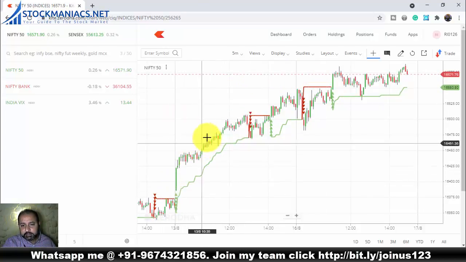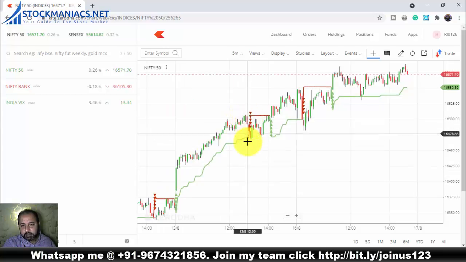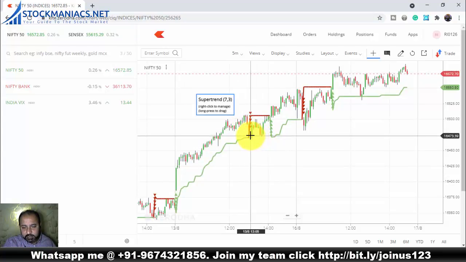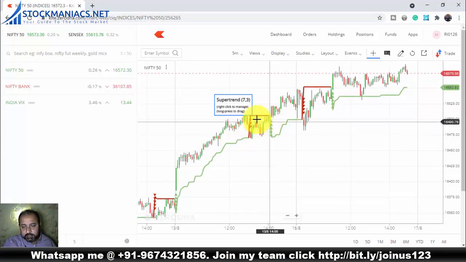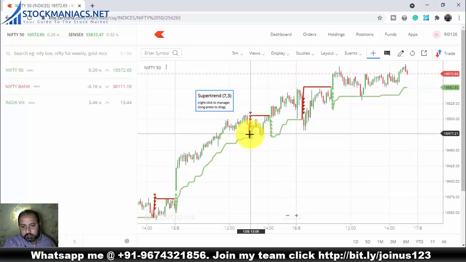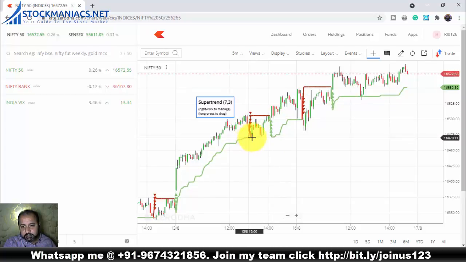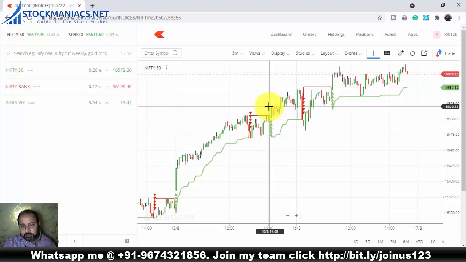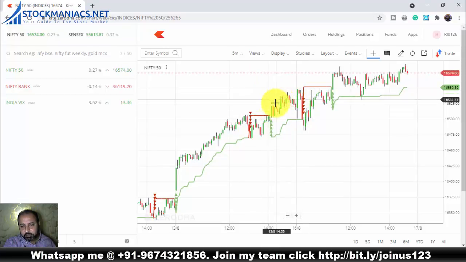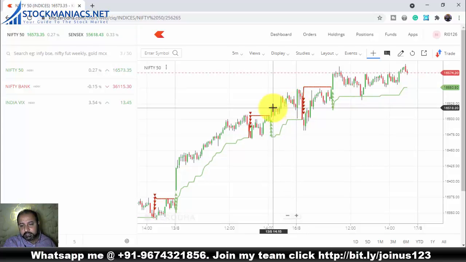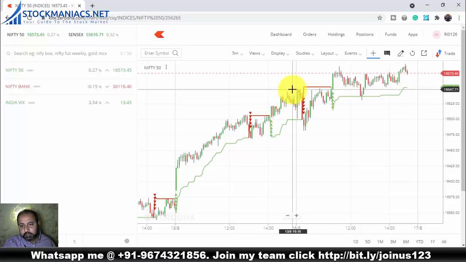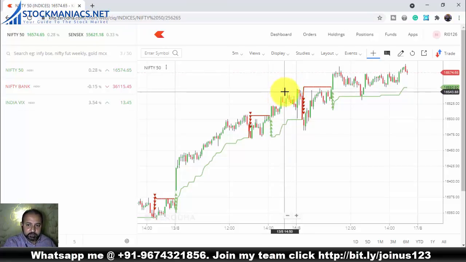So here there was a buy signal, the buy signal has performed well. Then there was a sell signal, and you can see the sell signal has made a loss. Here there was a short sell price, and here there was the exit price. Once again there was a buy signal, the buy signal has not performed that well, but it has moved up. So one person who is trading with a target can book his profits.